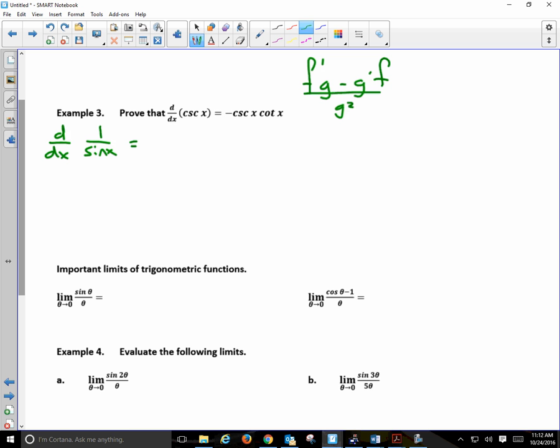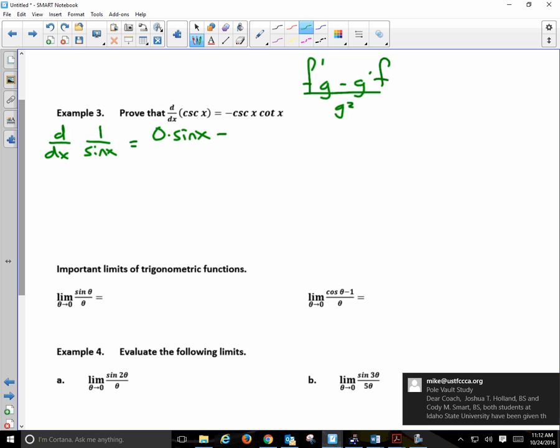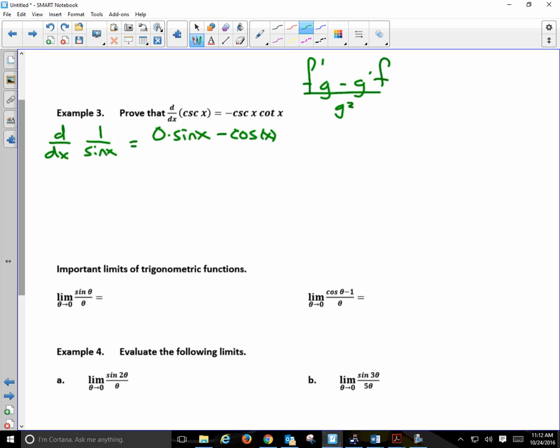Derivative of the top is 0 times sine, which is 0, minus, what's the derivative of the bottom? Cosine, just because we stated that the derivative of sine is cosine. And times the top, which is 1, over the bottom squared.